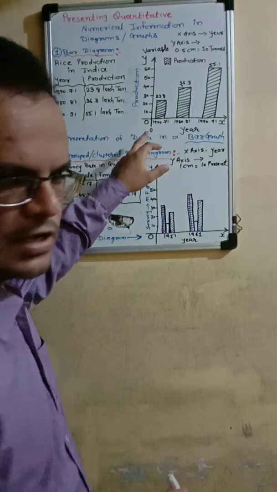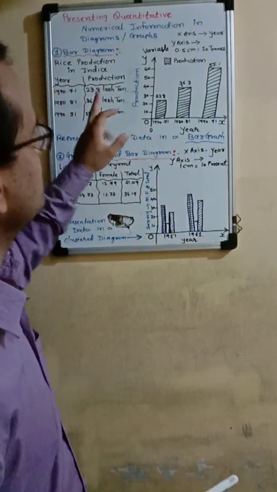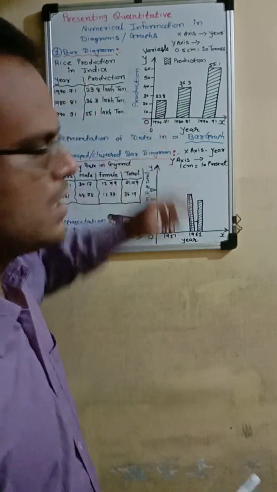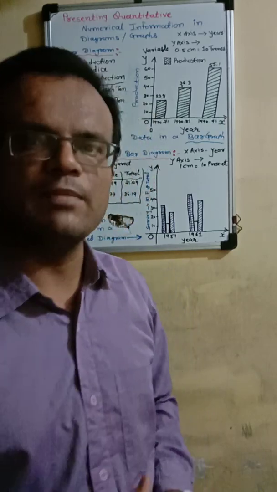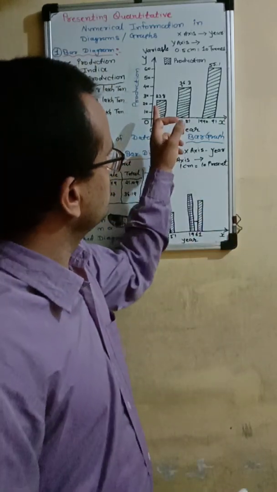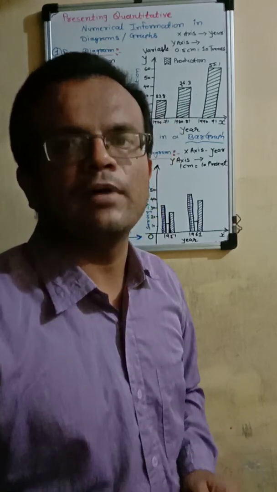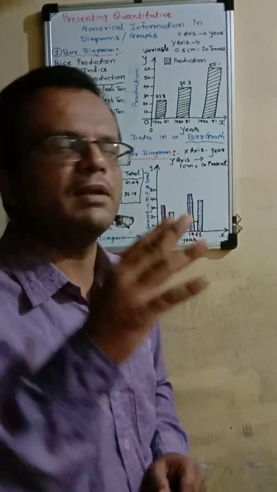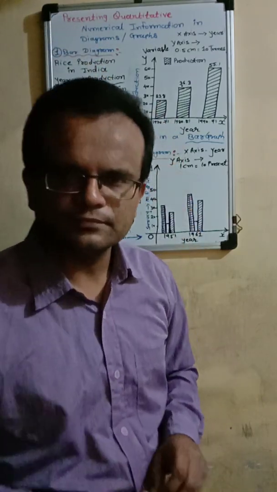First year 1970-71, it is 23.8 lakh tons. So 23.8 comes between 20 and 30, 20 और 30 के बीच में आएगा. तो 20 और 30 के बीच तक डायग्राम ग्राफ ड्रॉ करना है, पिलर ड्रॉ करना है, रेक्टेंगुलर पिलर, और उसके ऊपर लिखना है 23.8.